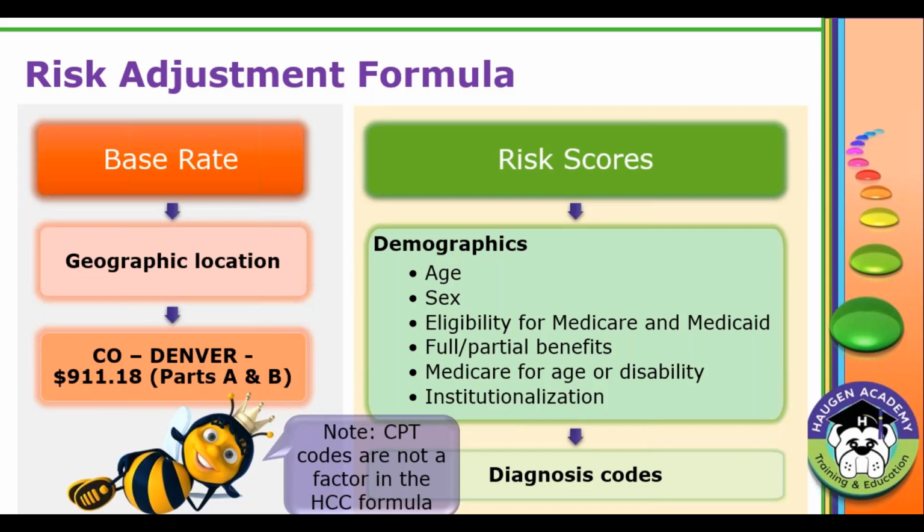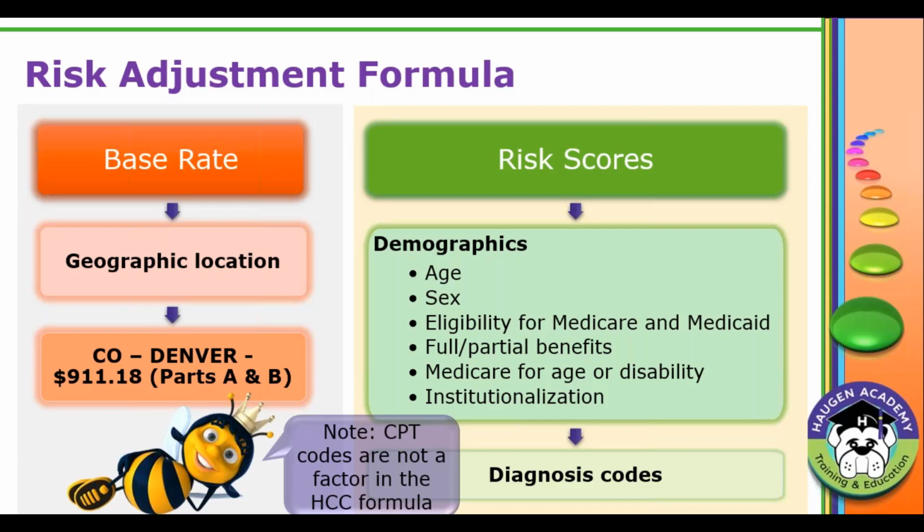And the base rate is set based off of Medicare Parts A and B claims data. So even though we think about Part C, they really are using some of our fee-for-service claims and some of our traditional Medicare claims to help identify what those base rates will be.